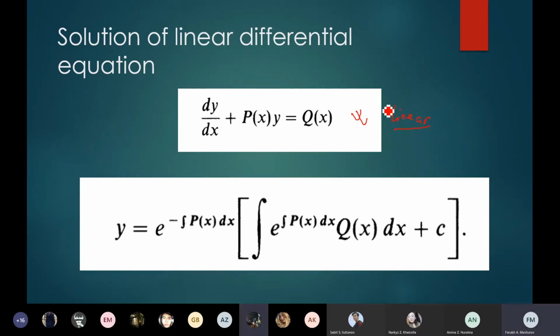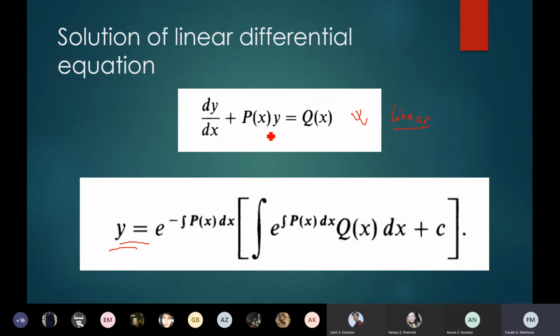As mentioned in our lecture, the solution of this differential equation will be this function. You need to remember this formula, guys, and if you know it, you can easily find the solution of a linear differential equation.